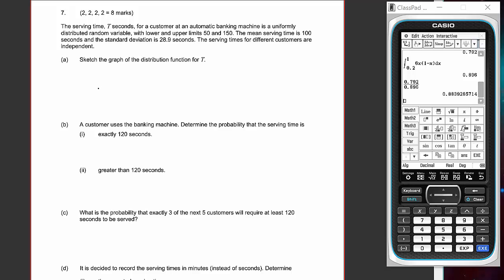Well, it's going to be a rectangular distribution, and it's going to go from 50 to 150. So we know that it starts at 50, goes up to 150.